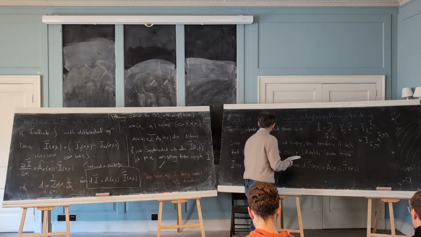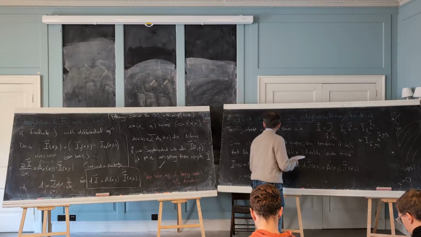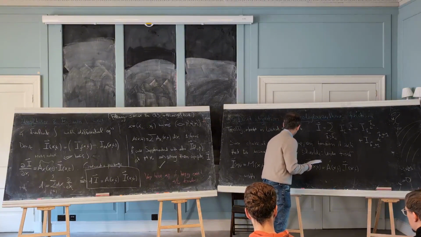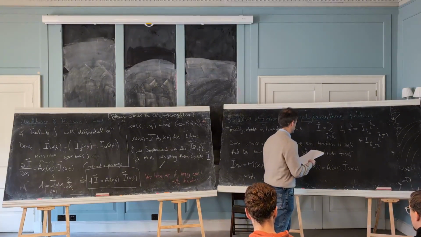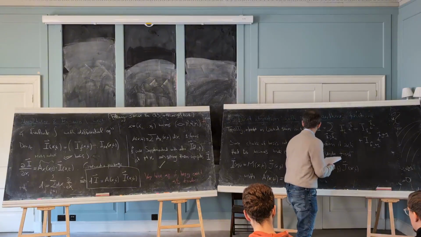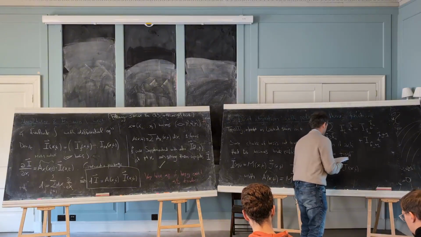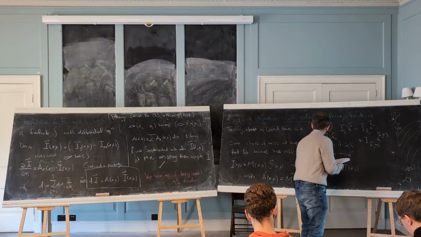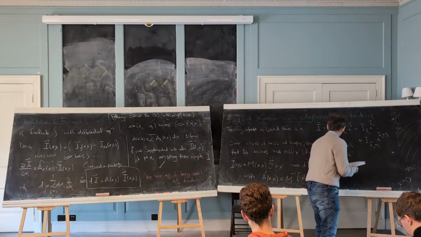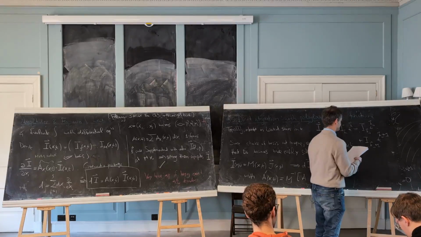So it also transforms as gauge fields do: M to the minus 1, dropping now the x comma epsilon just so that I don't repeat all the time, A M minus d M.